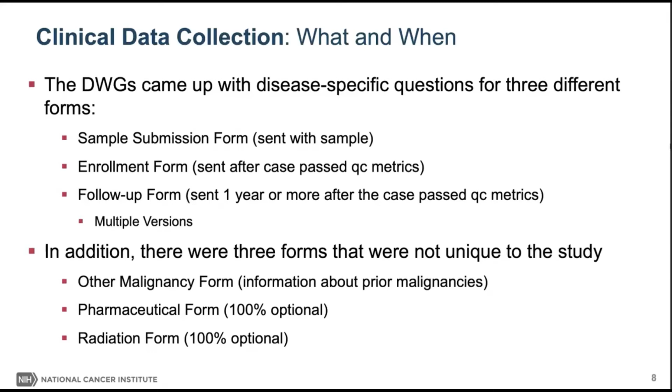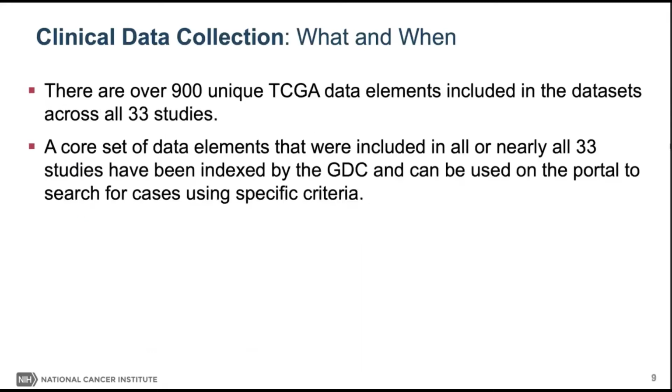So you go to the next slide though. So continuing on with what and when, there are over 900 unique TCGA data elements in the data set, and that's across all 33 studies. But we've had recent discussions about should we index more, should we not? And I think that's still to be determined.